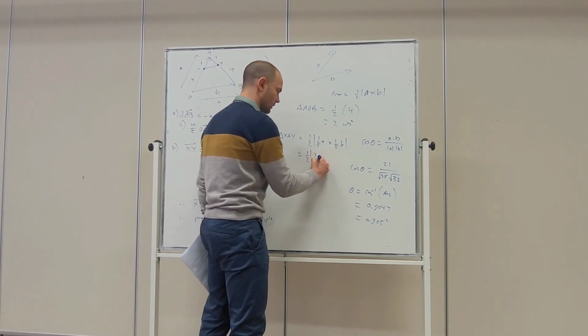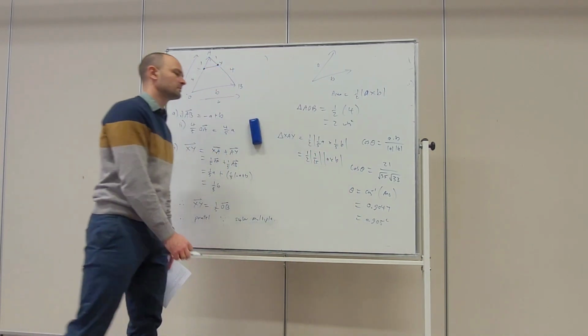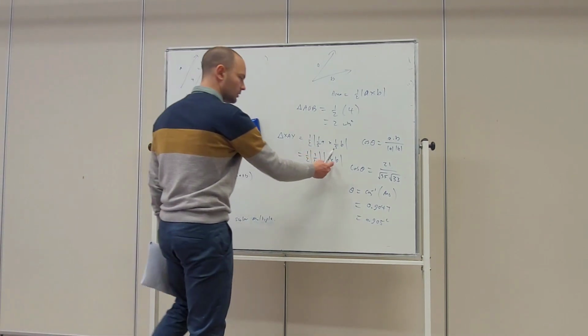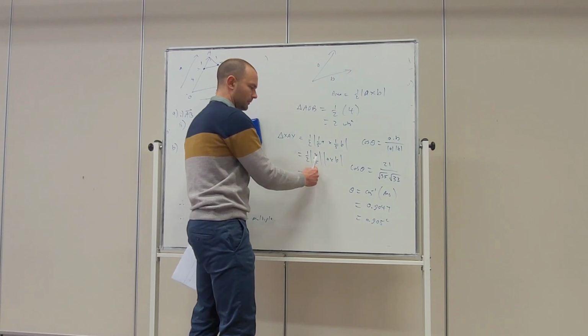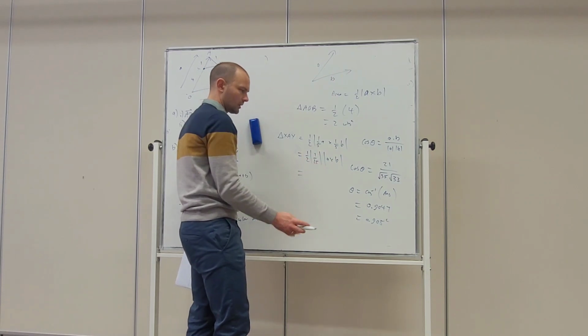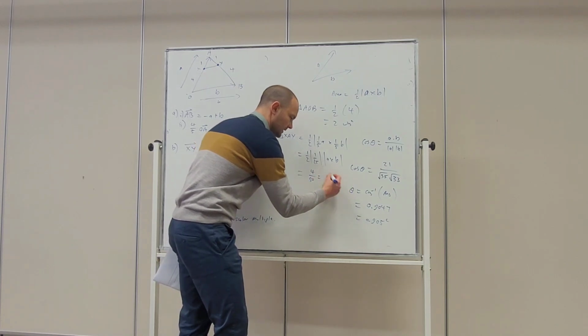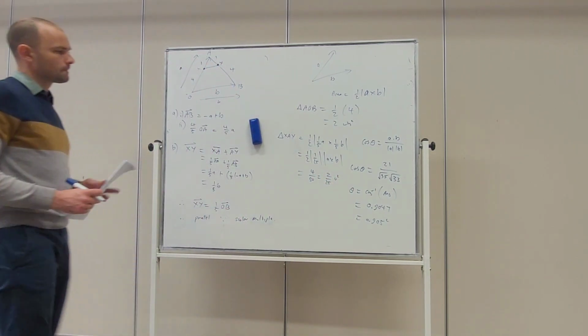That gives us 1 on 25, A cross B. We know the value of A cross B is 4, so we have half of 4 on 25, which simplifies to 1 on 50 times 4, so 4 on 50, or 2 on 25 units squared.